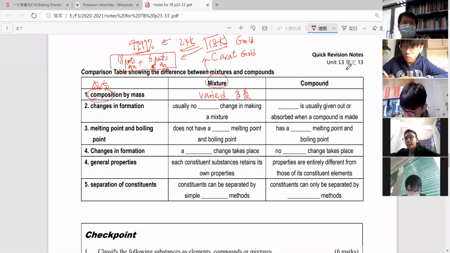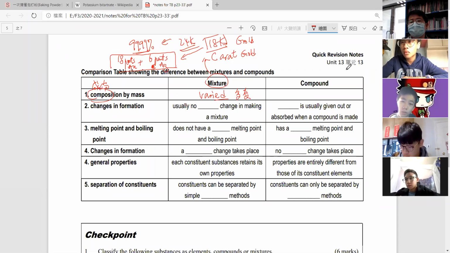So why do I need to put 6 parts of silver into it? Why? Cheaper? More hard. A little bit cheaper, as well as, have you ever experienced touching real gold, pure gold, and karat gold?